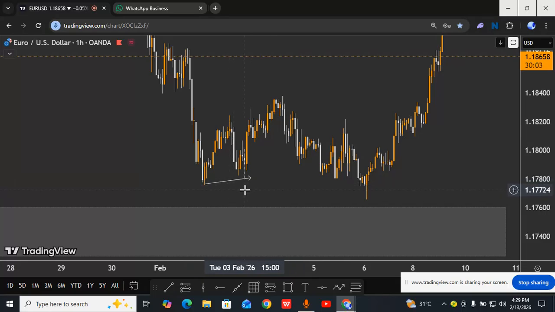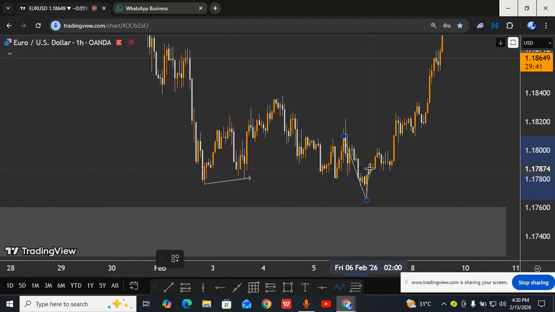This could be lows from previous session, it could be previous day low. As you can see, this trade was on Friday, and this is Monday, this is Tuesday, all the way down to Thursday. So there were stop losses sitting below this price level. What price did was that price came down, took out this stop loss over here, then went up.